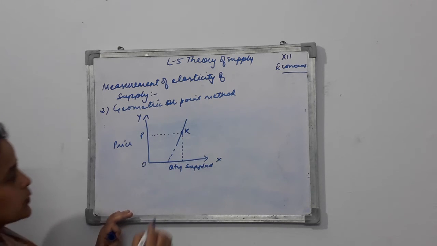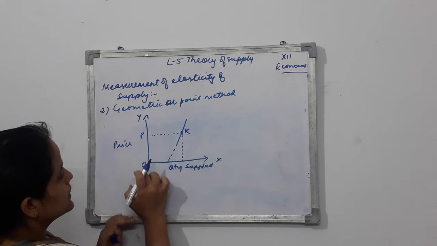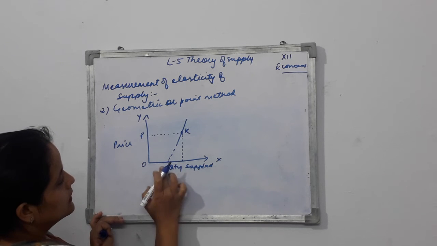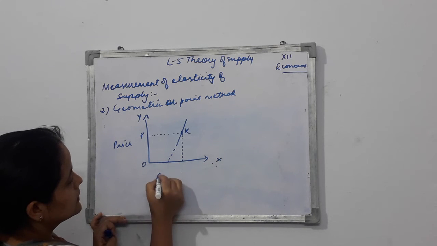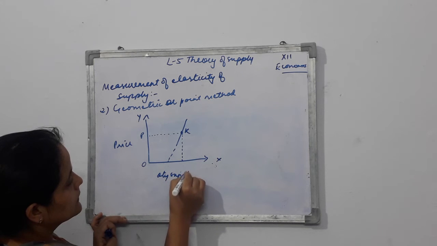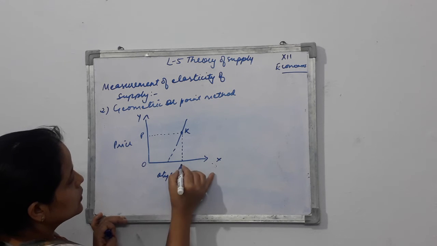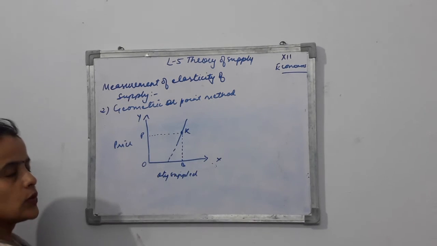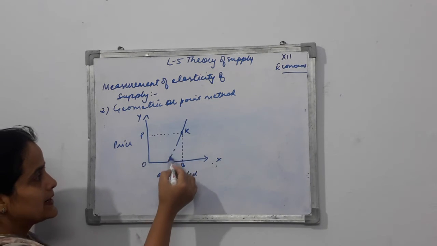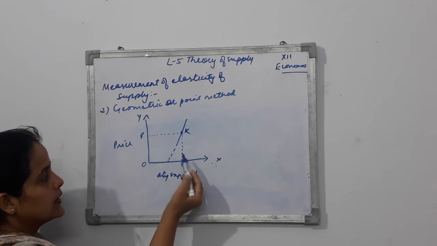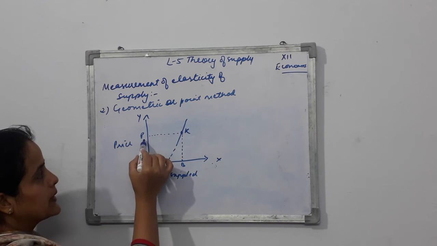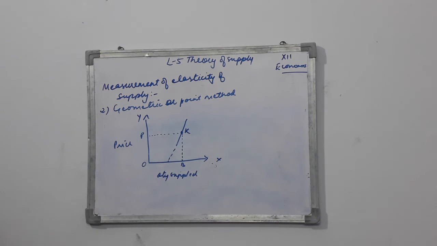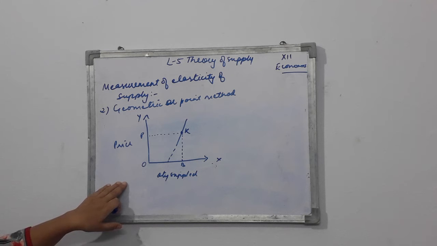At OP price the quantity supplied is OB, right? At point K we have to measure what? Elasticity of supply. So we extended K to this point. Now we can see that at OP price the quantity supplied is how much? OB.